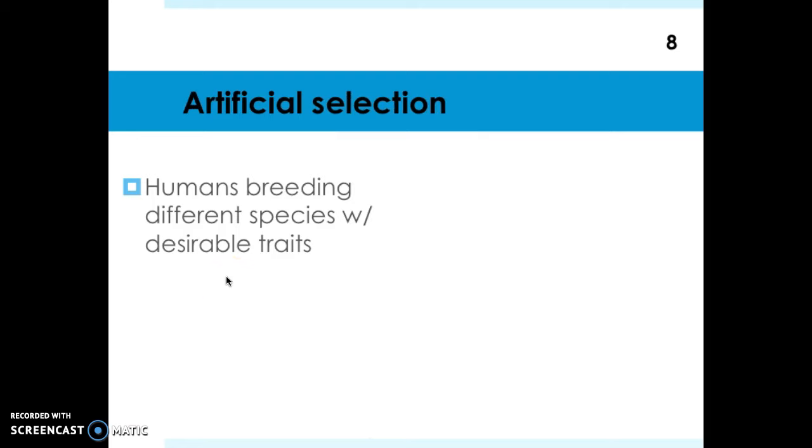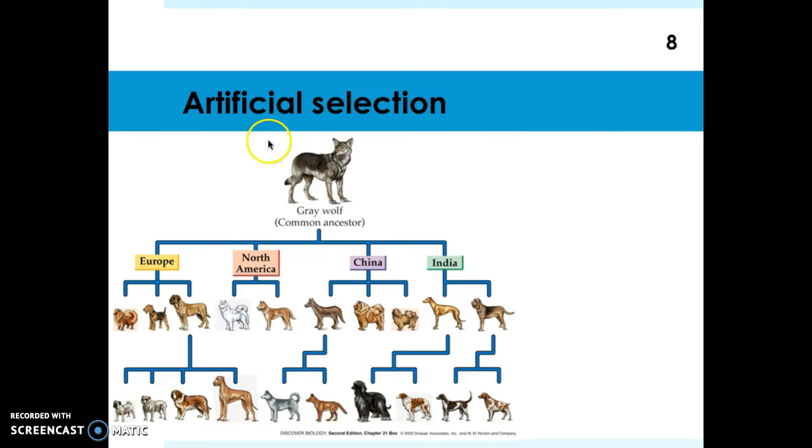We've talked about how species can diverge naturally, usually through natural selection, but there's another way species have evolved through time, called artificial selection. This is when humans breed organisms with desired traits to get a certain result. The most common example of this is dog breeding.